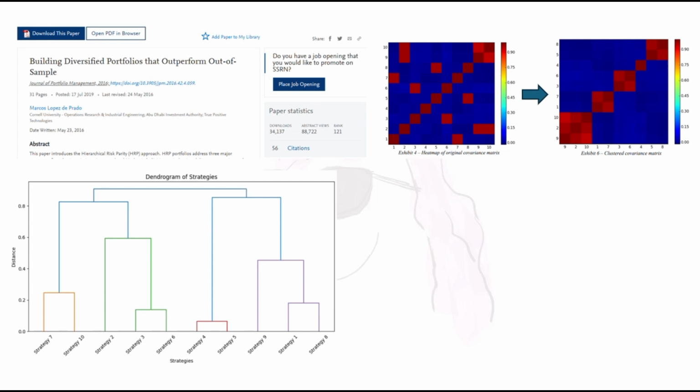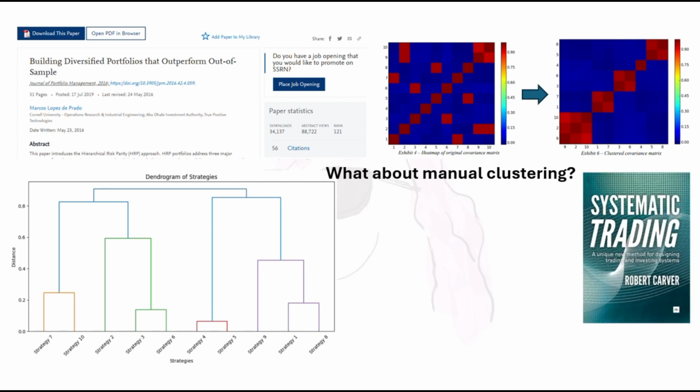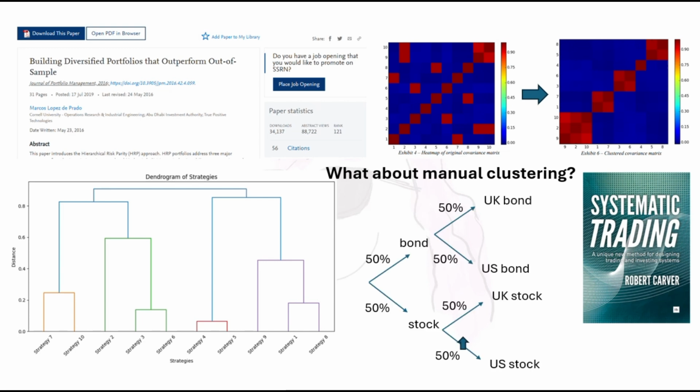While I was reading this paper and learning about this method, it reminded me of the menu clustering that I read about in a book. So what does this menu clustering mean? It's just like you can group things together by expecting that they will behave very similarly to each other.